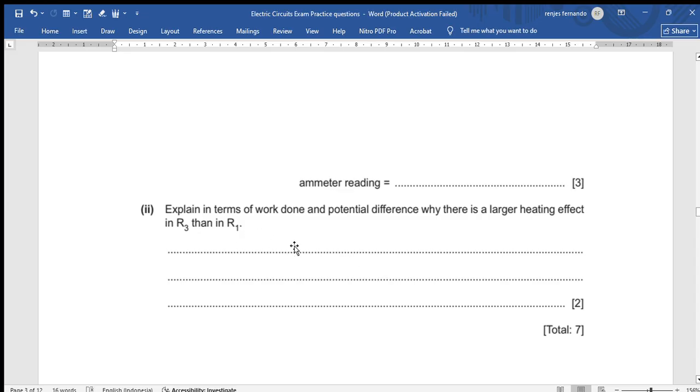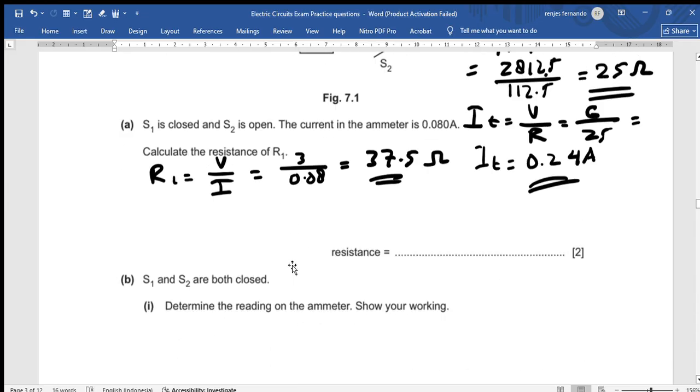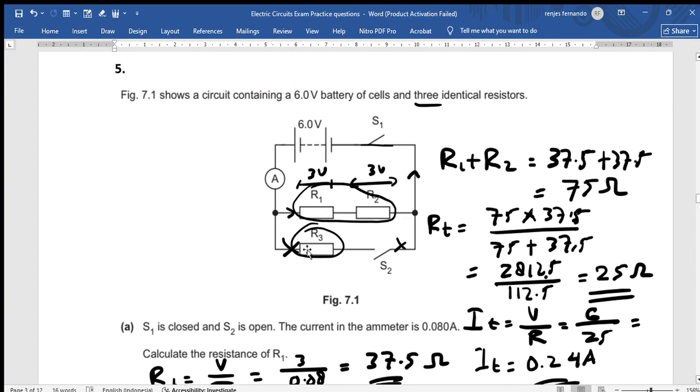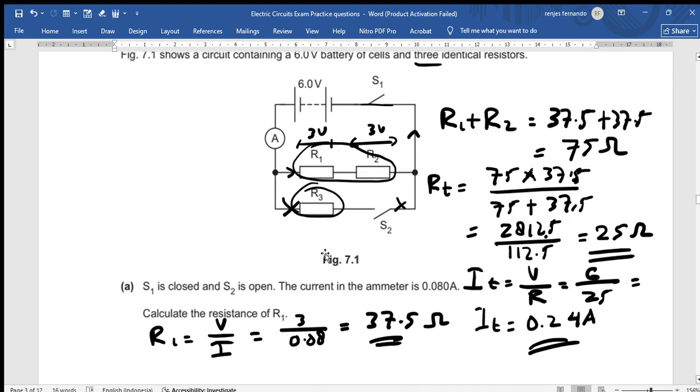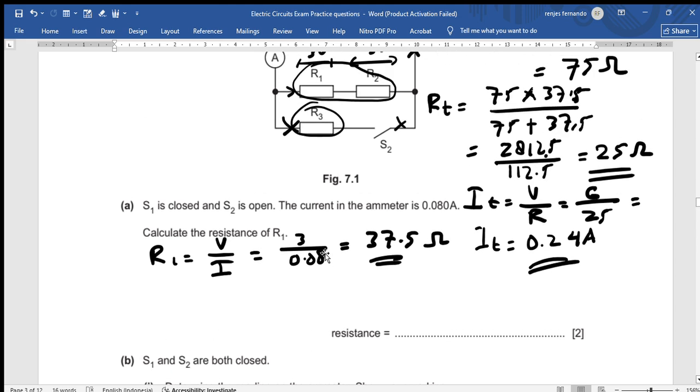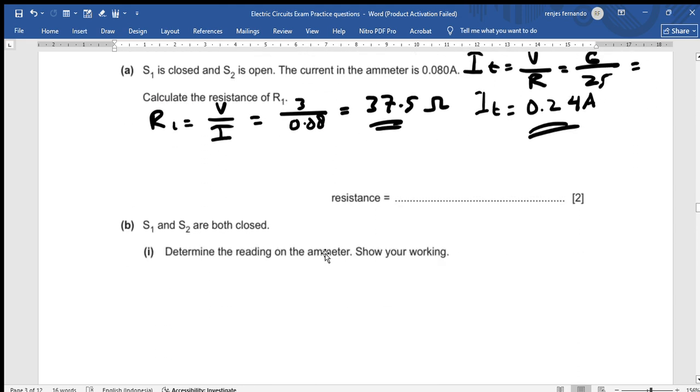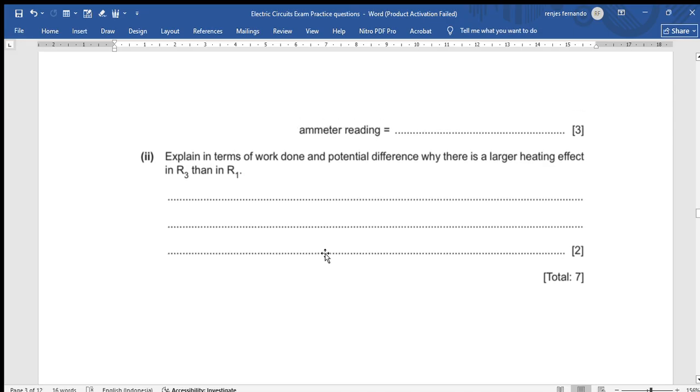Explain in terms of work done and potential difference why there is a larger heating effect in R3 than in R1. Why?